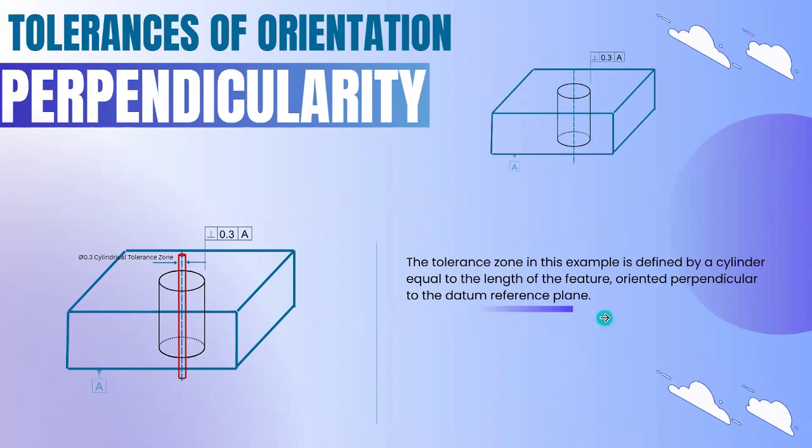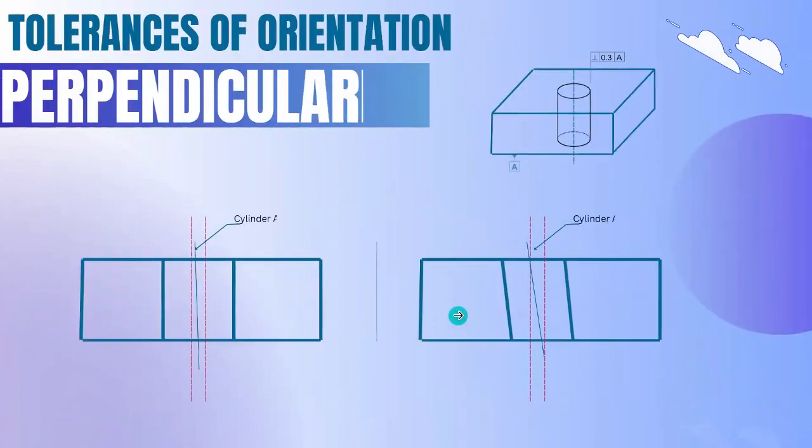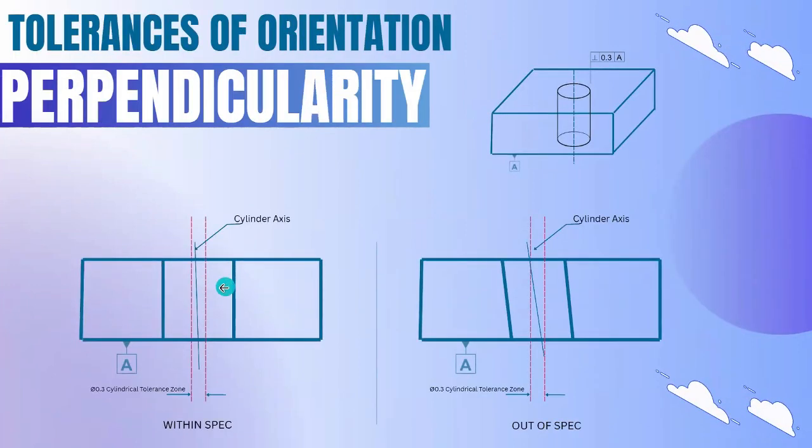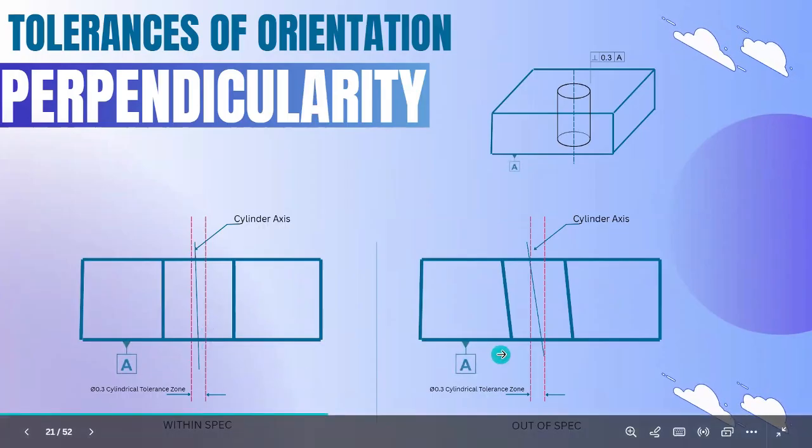So same as before, the angular deviation of the axis must lie within this zone. On the left side, it is angular, but it is within the zone. So it is within spec. On the right side, it is more deviated and went above this tolerance zone, so it is out of spec.